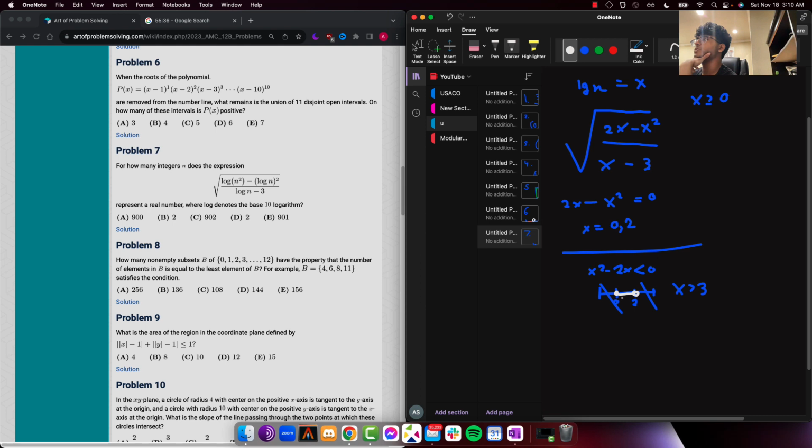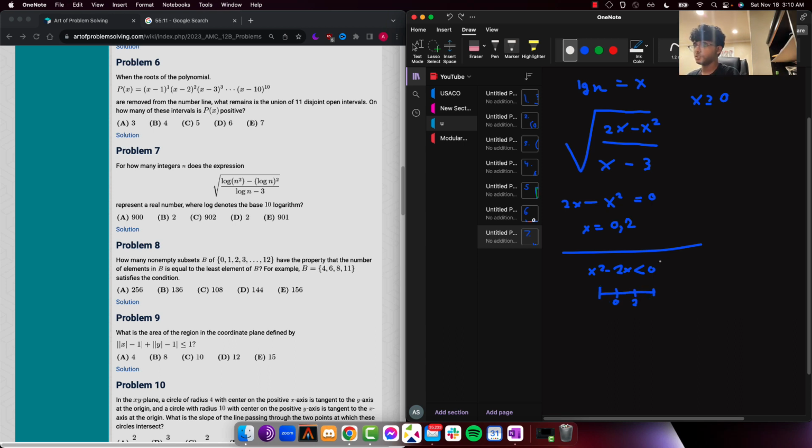We can have between these, so 1 will work, for example, right? Like if you have 1, then because it's 2 minus, actually wait, no, I'm looking at this wrong.